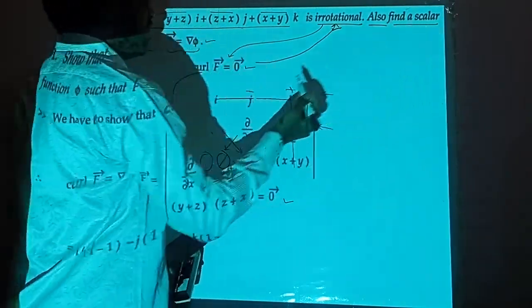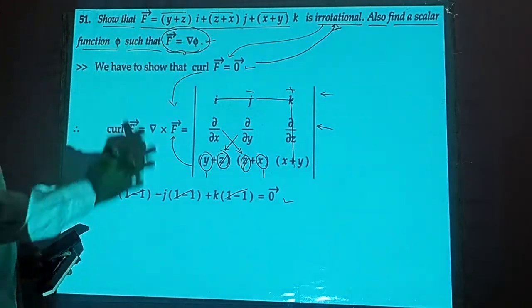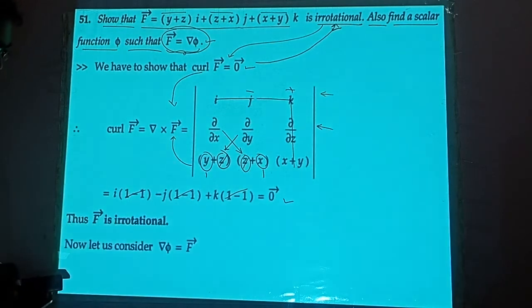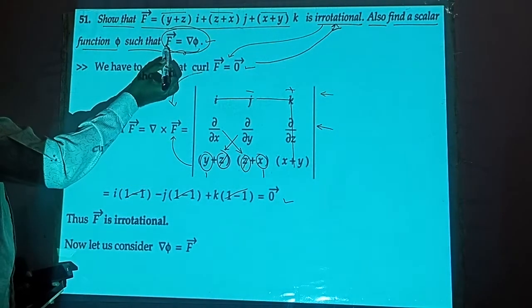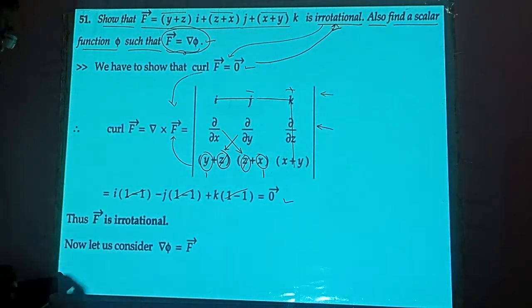Now let us see how we find a scalar function phi satisfying this condition. The f is irrotational. Now let us consider del phi is equal to f. We will consider it the other way. Del phi is equal to f.